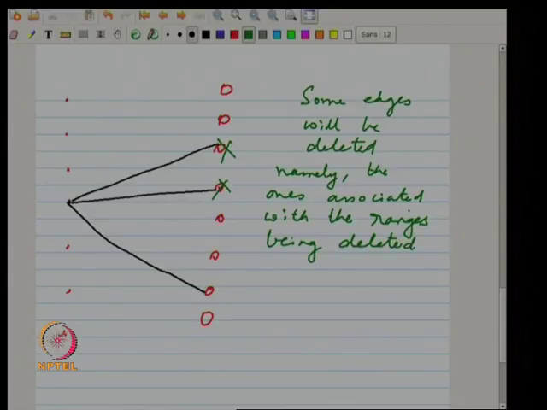Those are going to be affected, and then there will be some new ranges that are created. These edges will be reallocated, or reassociated, with some of the new ranges, and the old ones will disappear.